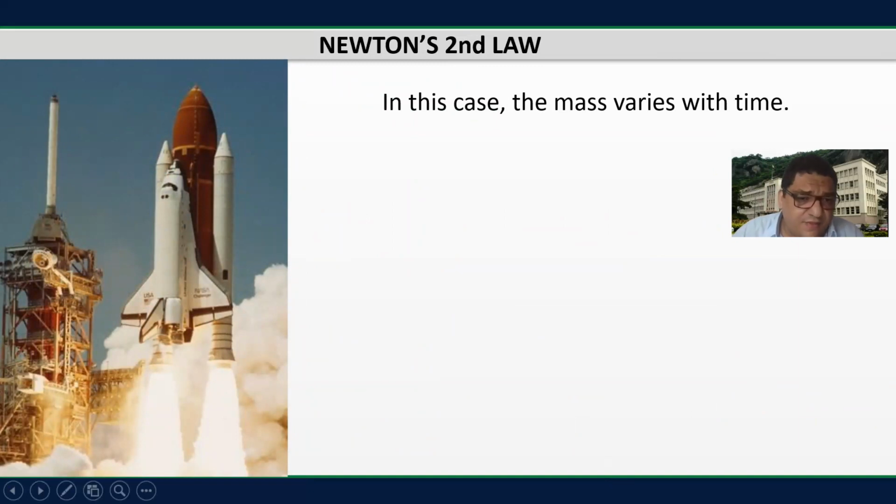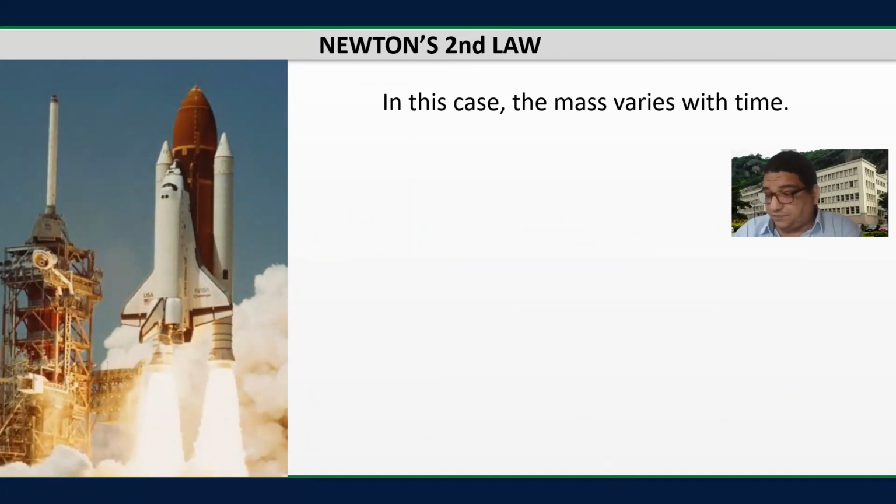Here, I think this is the Challenger shuttle. I think so. Challenger or Discovery, I don't know. I think it is Challenger.